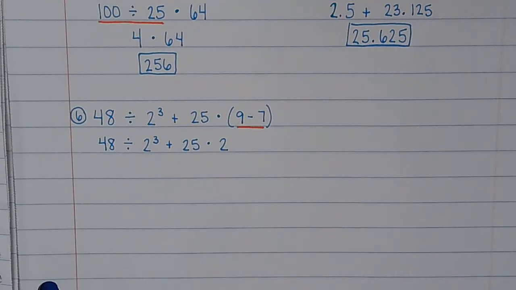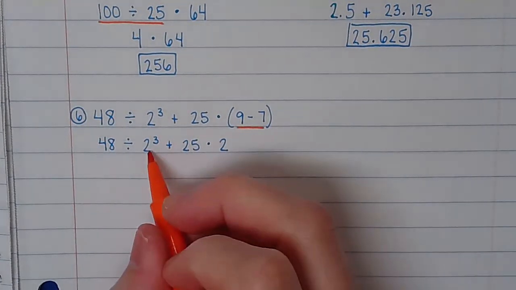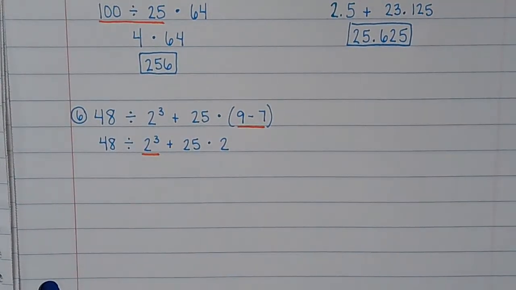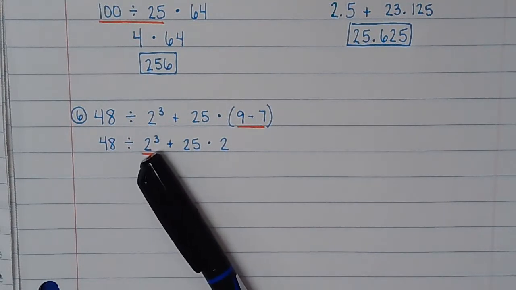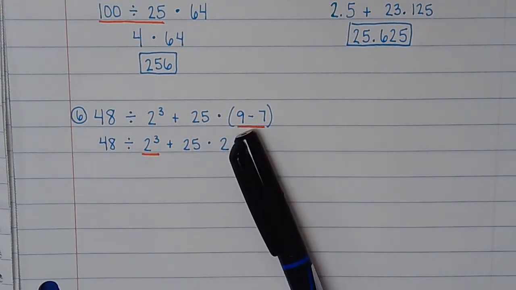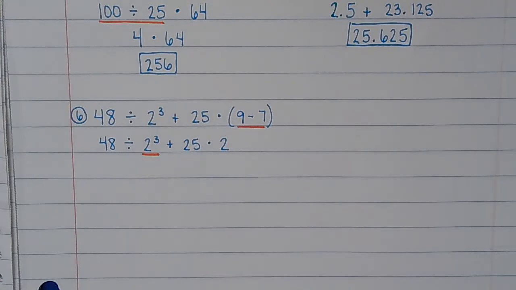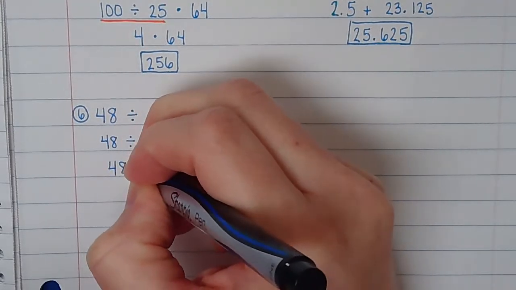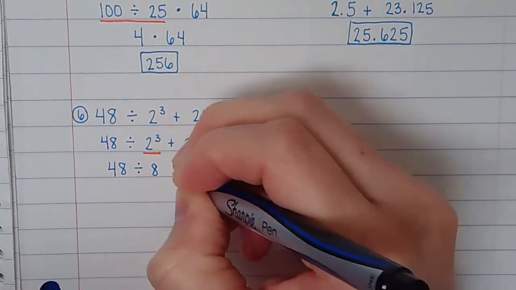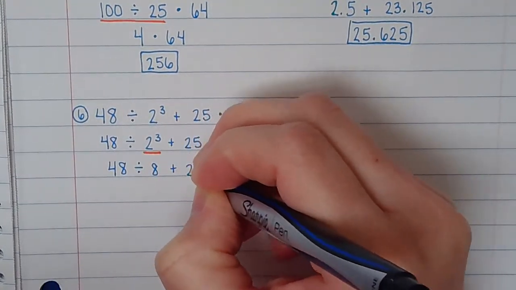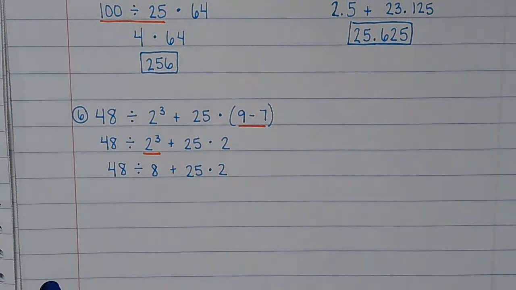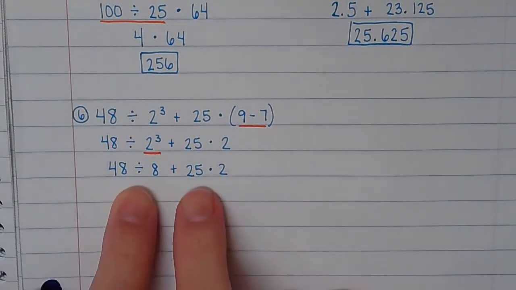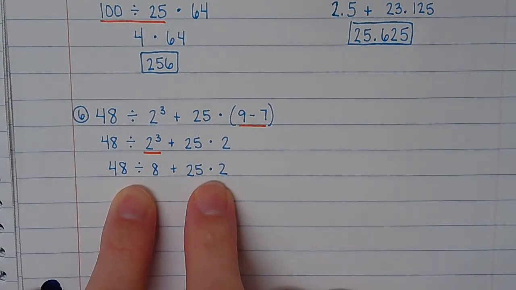So I move on to the E. Do I have any exponents? Yes, I do. Right here. Remember, this is not 6. You're not doing 2 times 3. You're doing 2 times 2 times 2. All right, so that would leave you with 8. Leave everything else the same. All right. Don't have any more exponents, so I move on to M and D. I've got both of them, but which one do I get to first?